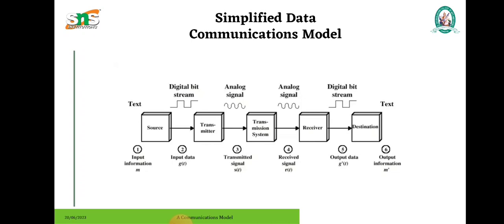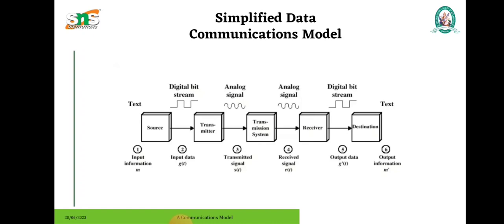The effectiveness of data communication can be measured through delivery, timeliness and accuracy. Delivery means the data should be delivered to the correct destination, on time, and should be accurate. The main components of data communication are message, sender, receiver, medium and protocol.